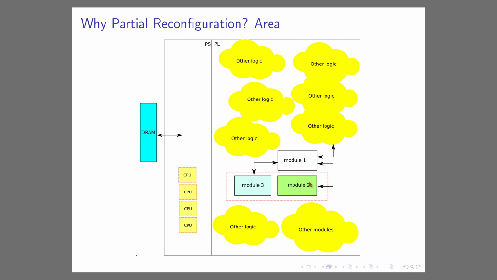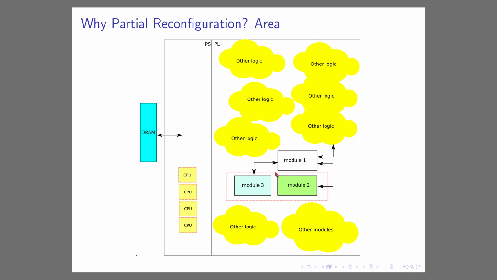For example, here, imagine module 1 is talking to the rest of the logic. It receives some data from the rest of the logic, passes that to module 2, gets the result back, and then passes the result to module 3 and gets the result back. The fact is that module 2 and 3 are not needed at the same time.